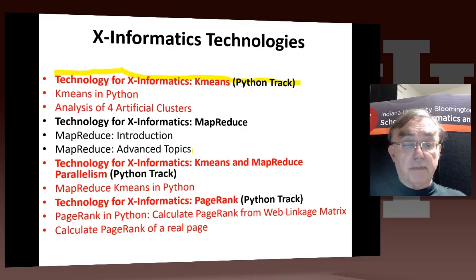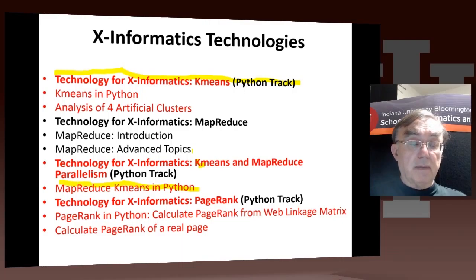Then we have a little set of lessons on k-means and MapReduce. Here we point out that we've modified the k-means code in the SciPy distribution so that it is appropriate for MapReduce, and then we run it and show that it gives the same answer, although we don't actually run it under MapReduce.